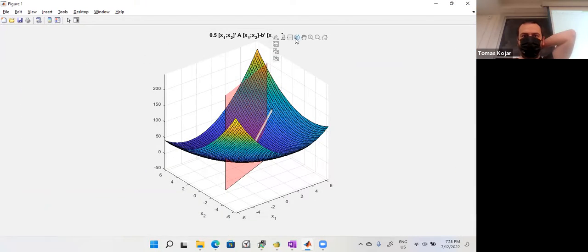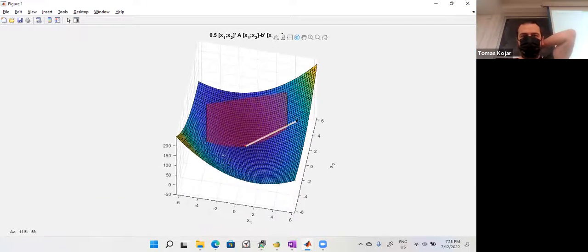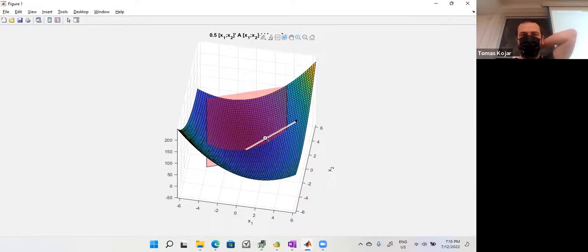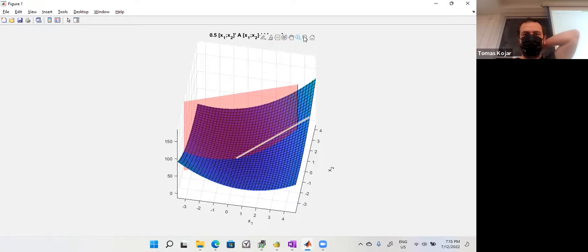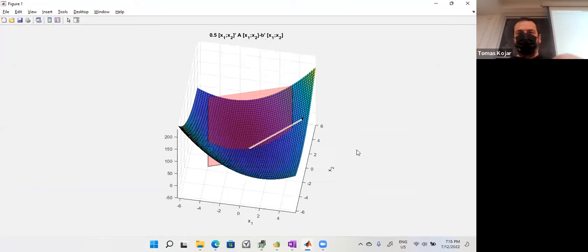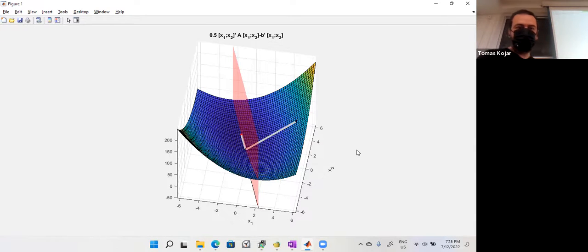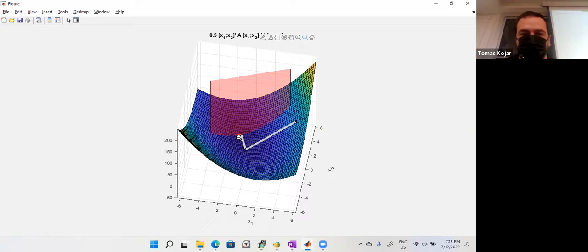So I start from some point, and the gradient points down. I repeat from the other step. The gradient decreases this way, and then zoom in.